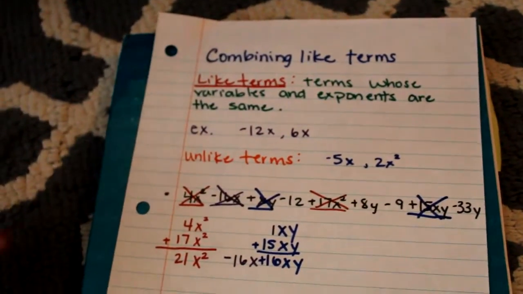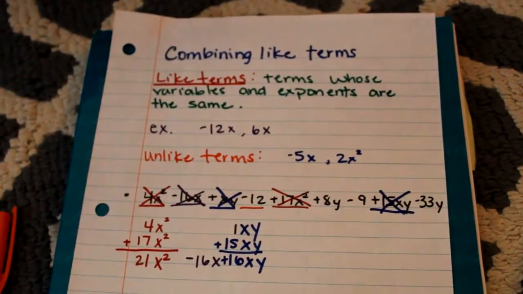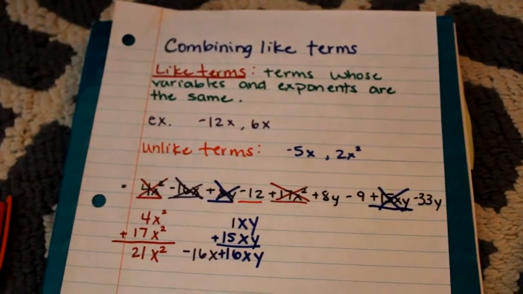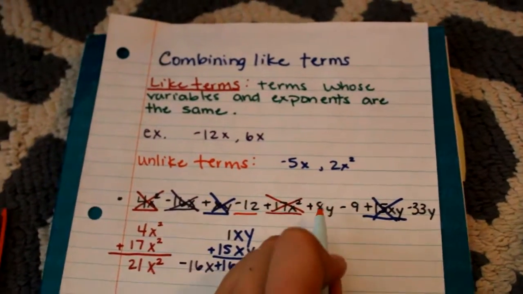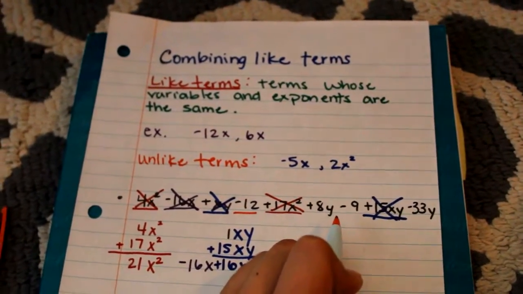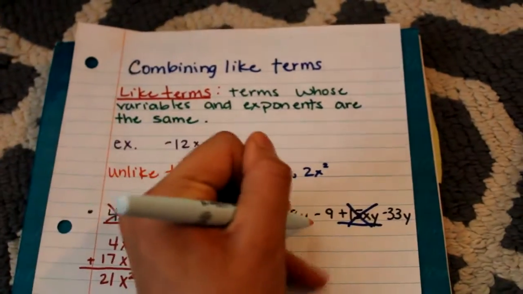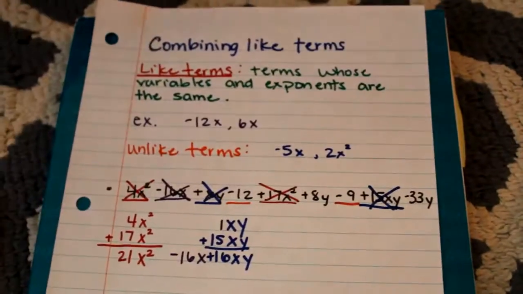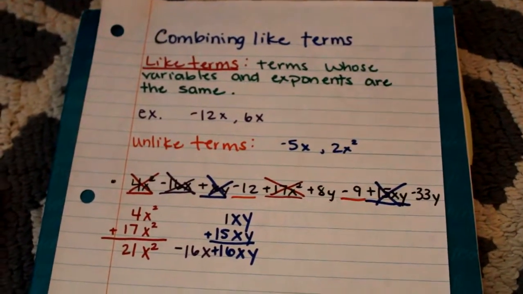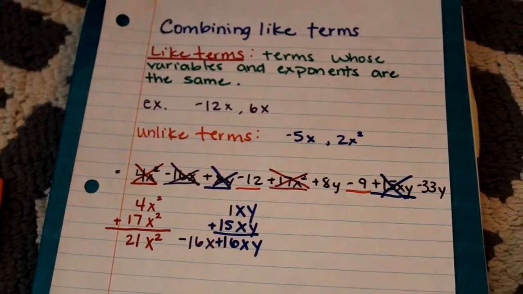We're going to take a new color and underline our next term. So negative 12. And then our next possible term is 8y. That's not a like term. The next term is minus 9, and that is a like term. And then the next term is minus 33y, and that's not a like term.